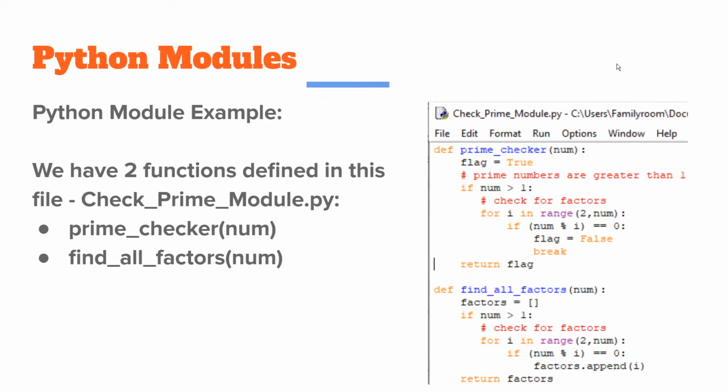Alright, so here is an example of a module. We can see we have two different functions here. And you're like, well, yeah, we just wrote two different functions. What else is it? Well, if you check, the file name is called checkPrimeModule.py.